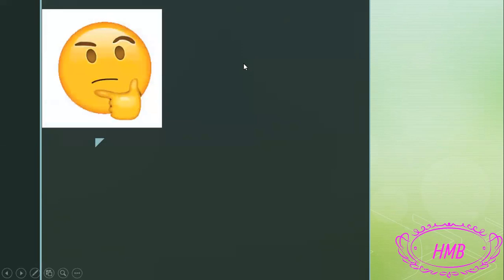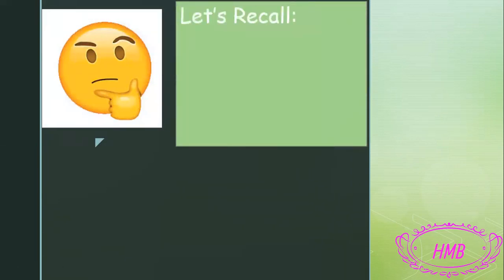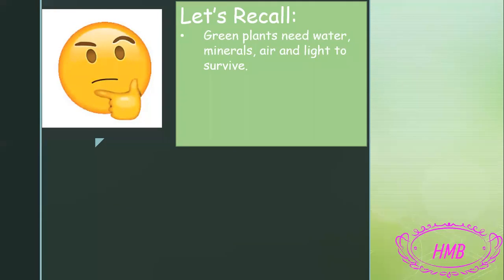At the beginning, let's recall which information we took in part 1. First, we took that green plants need water, minerals, air, and light to survive. Then we took that water and mineral salts are called crude sap.